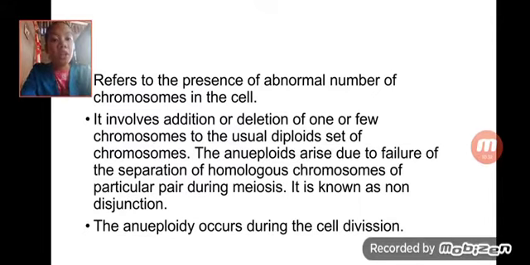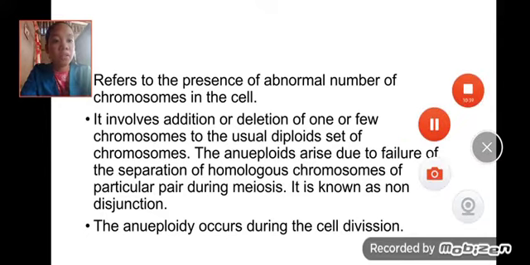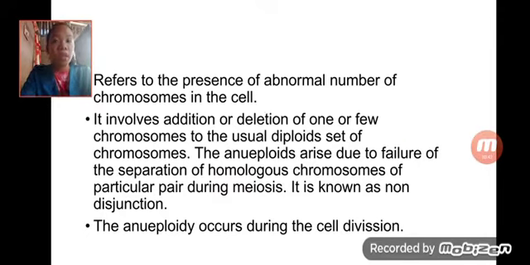So aneuploidy occurs during cell division. It is when there is an error in cell division, with which some cells get more chromosomes and some get less than the normal. When we see cell division, most of the errors that contribute to aneuploidy are non-disjunction.